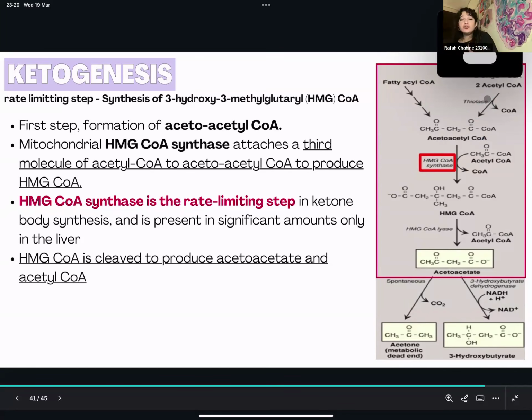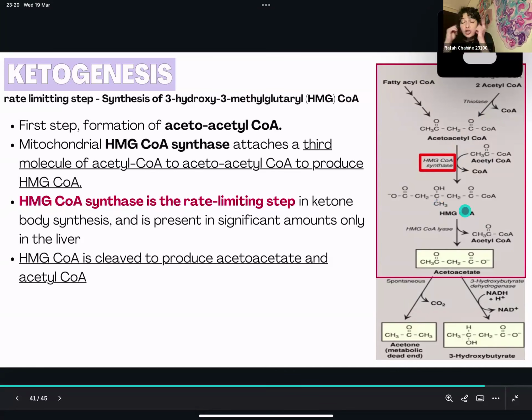Acetoacetyl-CoA will undergo this rate-limiting step with the help of HMG-CoA synthase. Synthase, so we are synthesizing something, and in this case, we are synthesizing HMG-CoA. HMG-CoA synthase is the rate-limiting enzyme in the rate-limiting step, okay? So what's going to happen is we are going to add a third acetyl-CoA to acetoacetyl-CoA to form HMG-CoA.